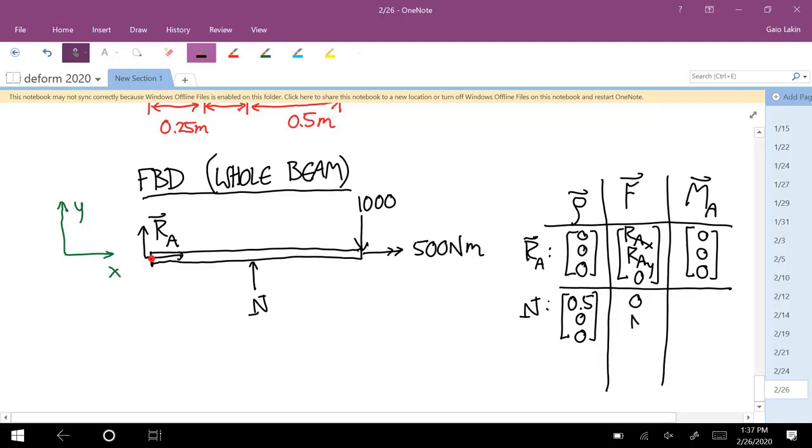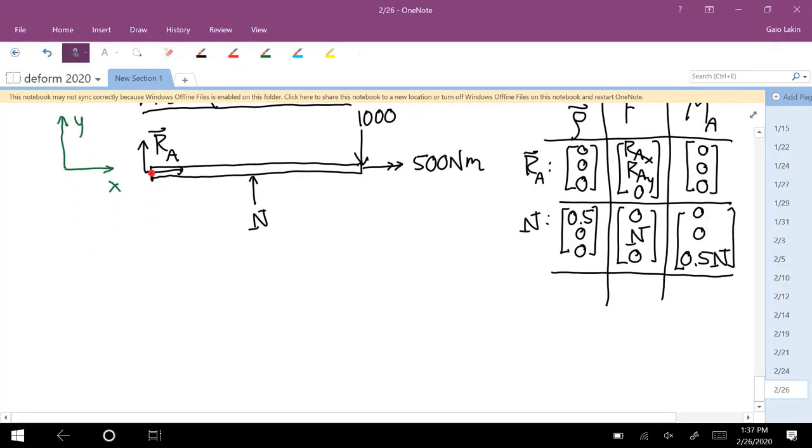So the force vector is 0, N, 0. And the cross product is 0, 0, positive 0.5 N. And then these other two, I'll do the 1,000 Newton force first. The row vector for that is 1, 0, 0. The force vector is 0, negative 1,000, 0. Cross product of those two vectors is 0, 0, negative 1,000.